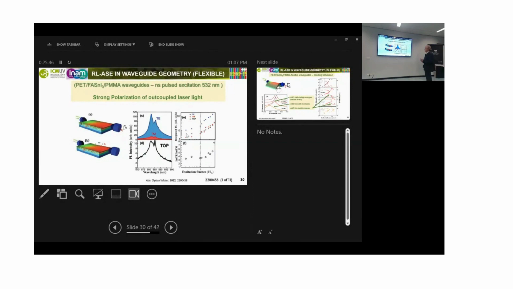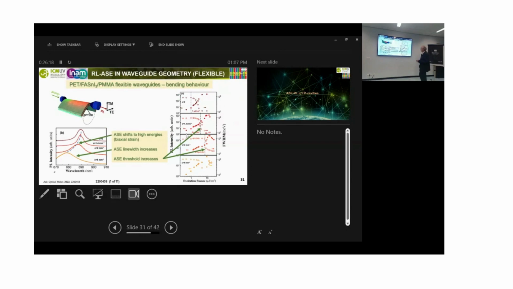But in this kind of planar waveguide, we also have a directional emission due to the very low thickness of the active film, especially when we go into the lasers again, that can be also useful for polarization sensitive applications, with polarization sensitive experiments characteristics.